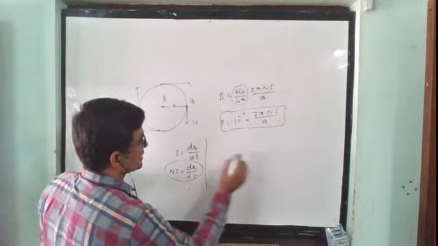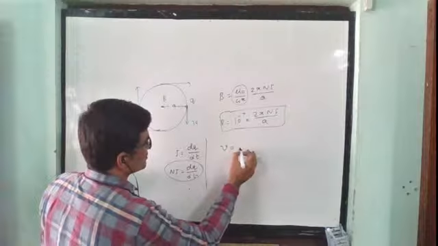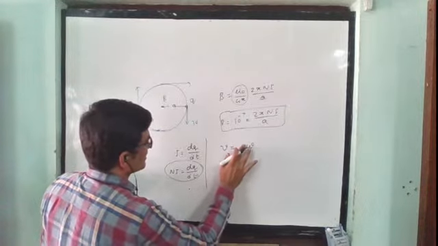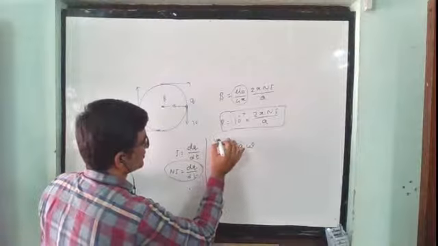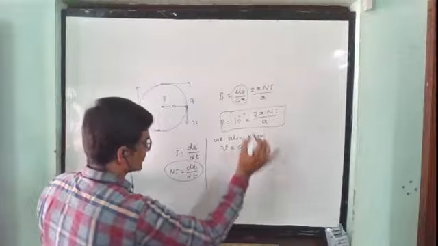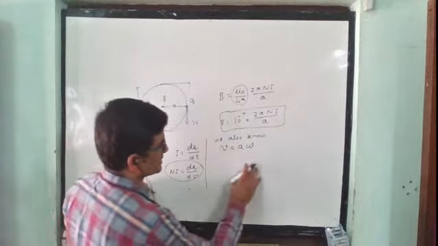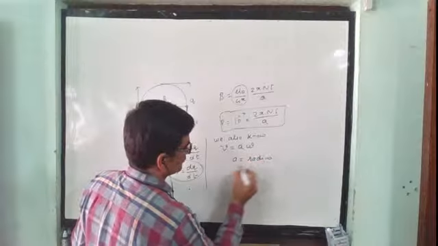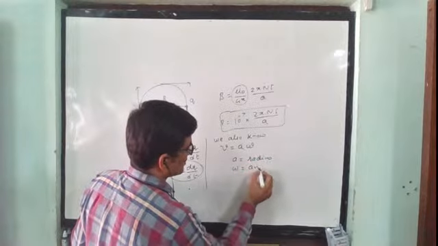So you also know one thing: V is equal to R omega. So here we will write R as A. That we also know. Clear? And what is A? A is the radius. Omega is the angular velocity.